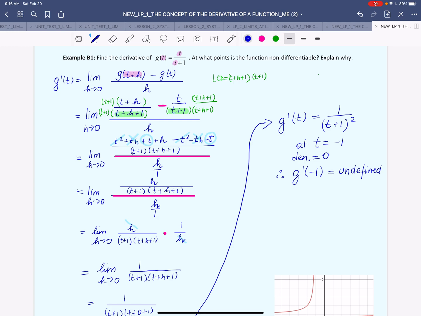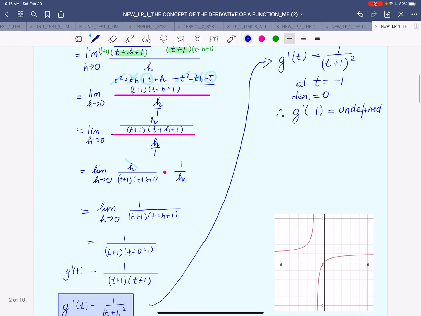But what is the reason why it's undefined at negative 1? What exactly happens to the graph of the function? Look at the graph of the function again. So t equals negative 1 is a restriction in the graph of this function, and you can easily deduce here that there is a vertical asymptote right at t equals negative 1.